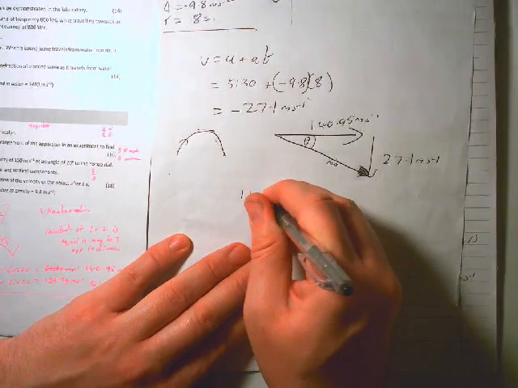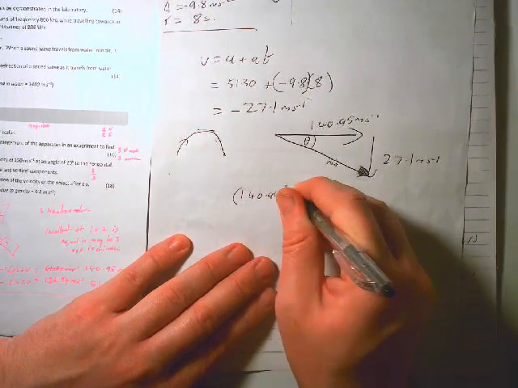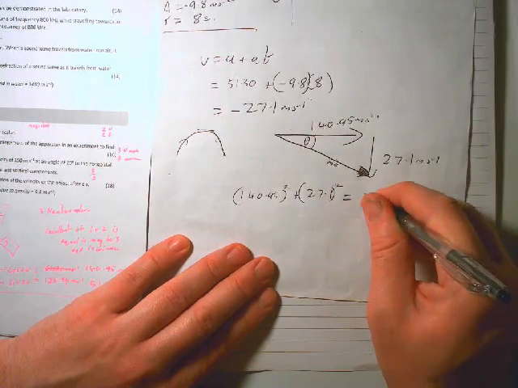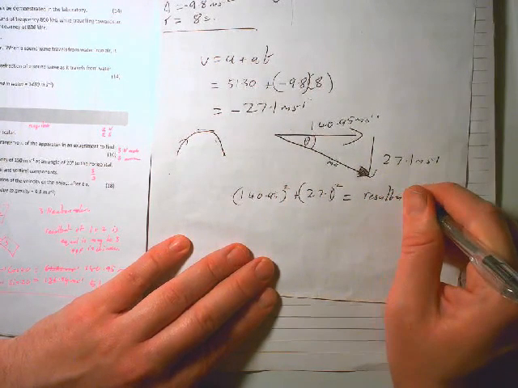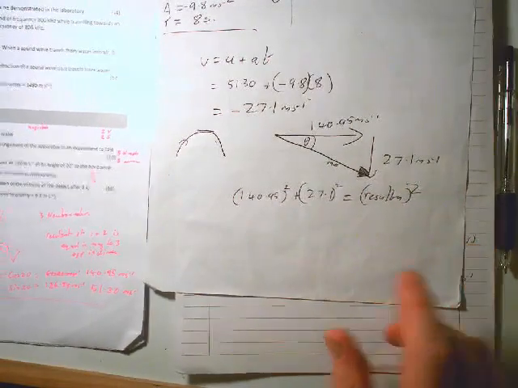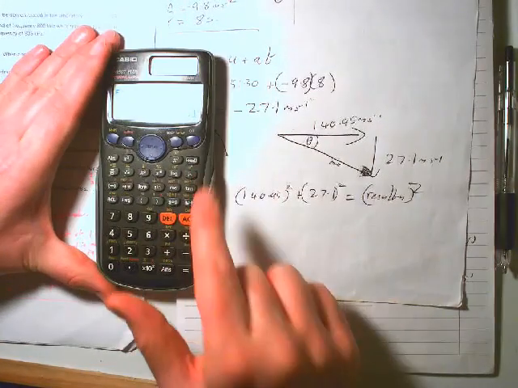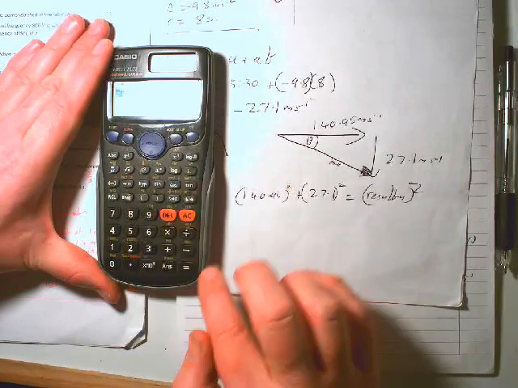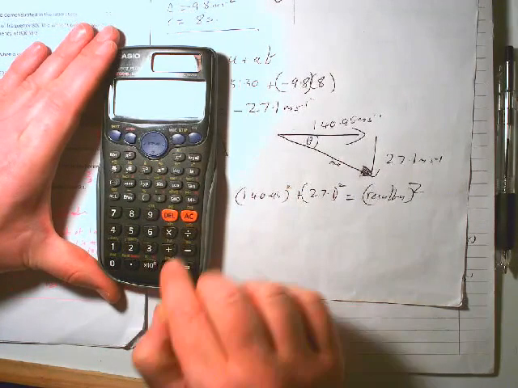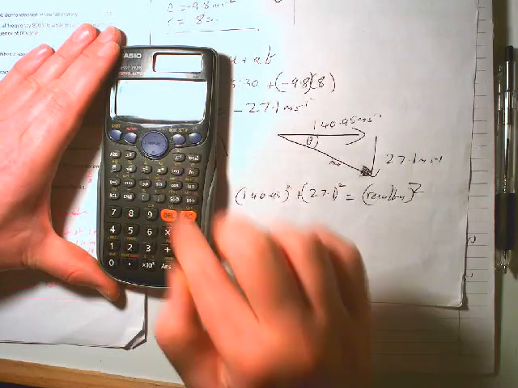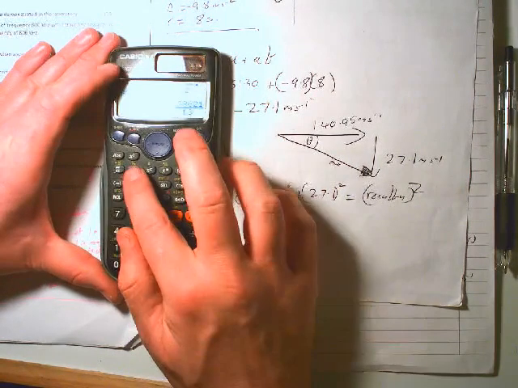So we're going to use Pythagoras' theorem to get the magnitude, and then we can use a little bit of trig to get the angle. Okay, let's get the magnitude first. The square of these sides is equal to the square of the resultant we're looking for. So 140.95 squared plus 27.1 squared is equal to, let's call it resultant, squared.